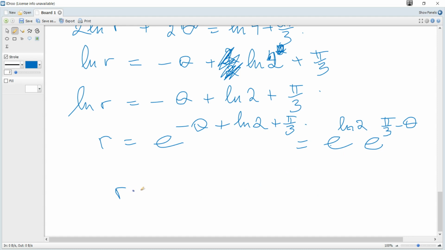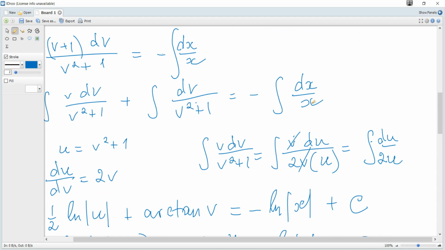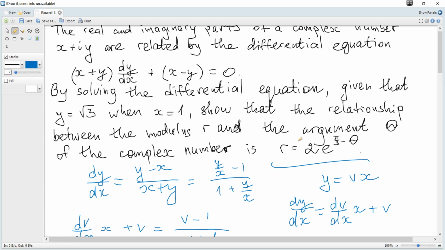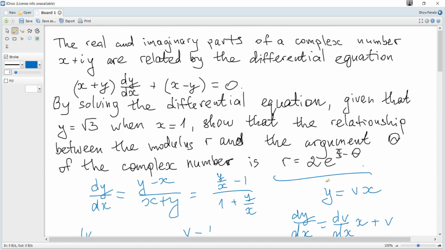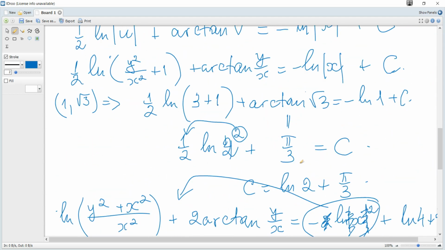So it becomes r is 2 e to the power of pi over 3 minus theta. Let's check. 2e to the power of pi over 3 minus theta. And that's all for this question.